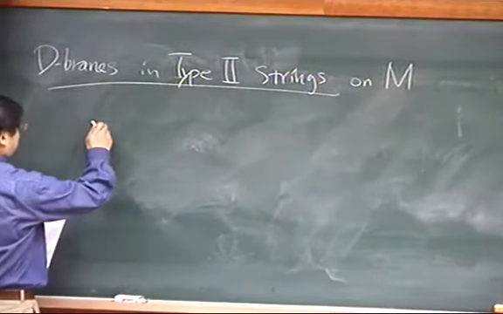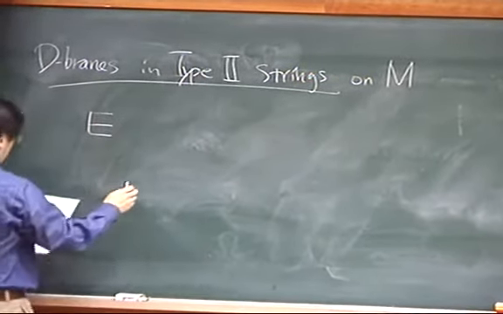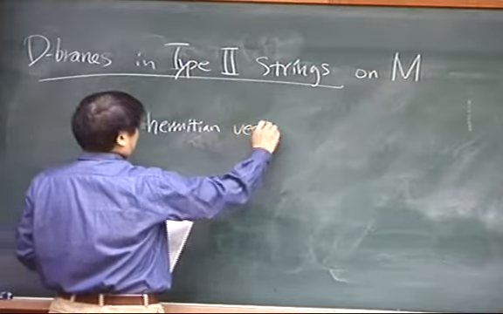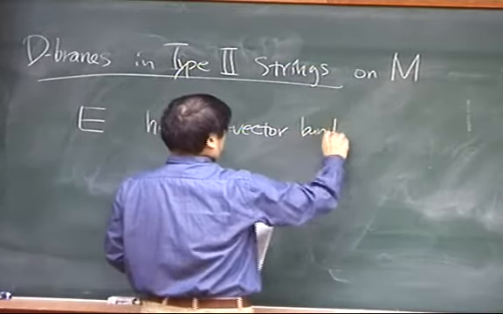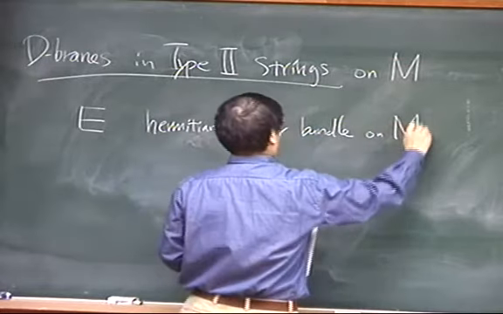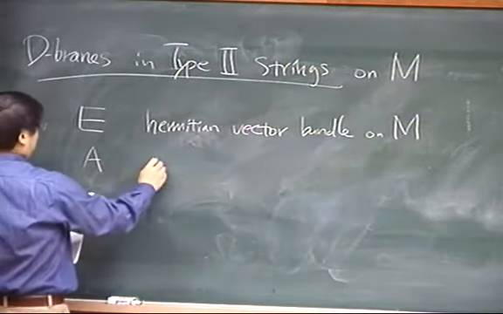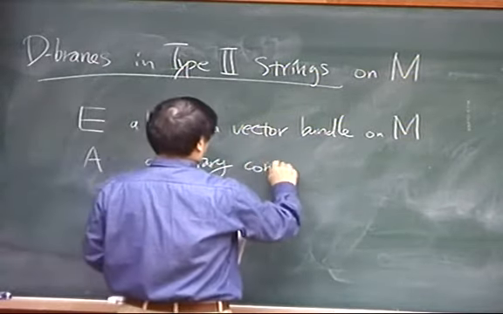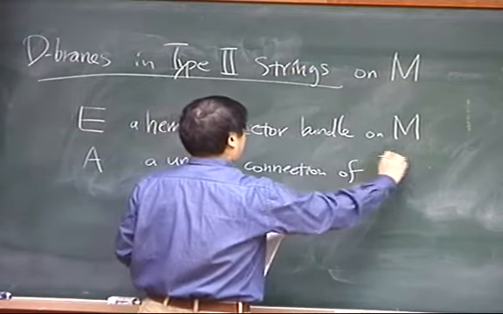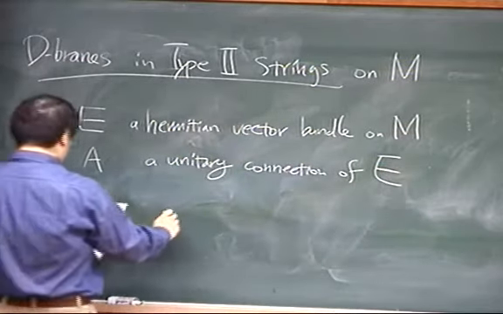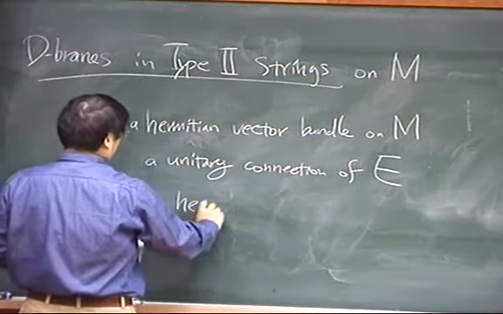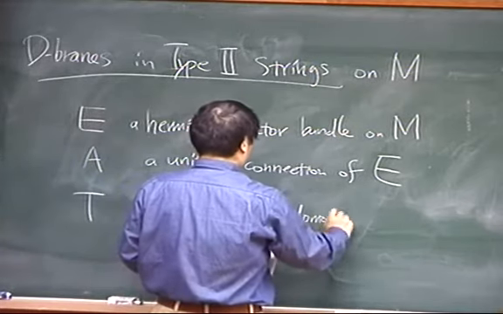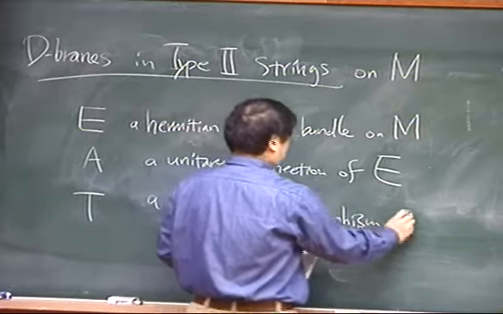For this, you need to have E, a Hermitian vector bundle on M, and a unitary connection A of E, T, a Hermitian endomorphism of E.